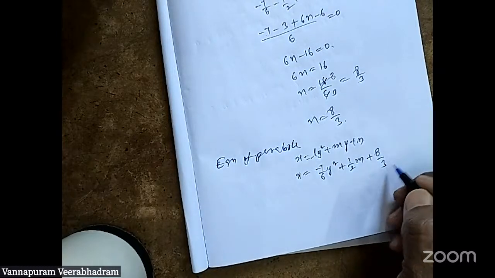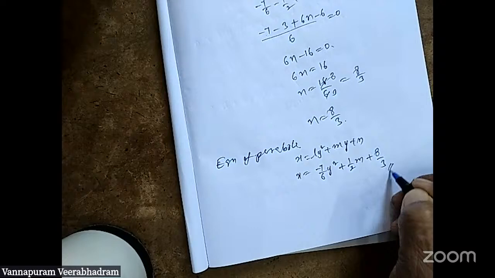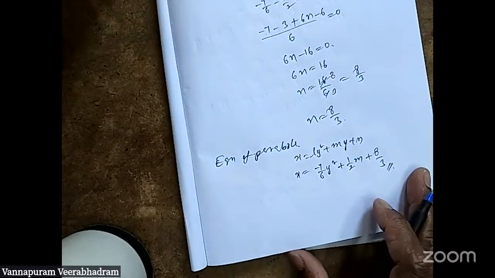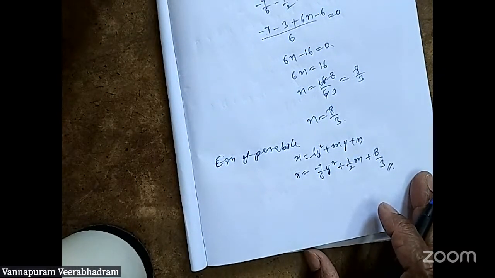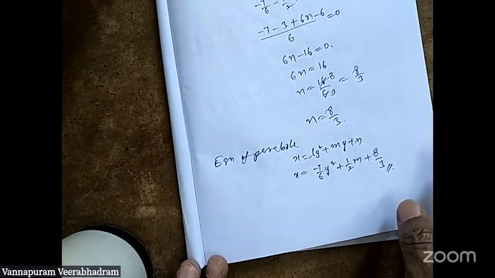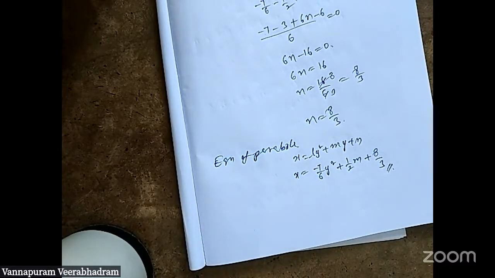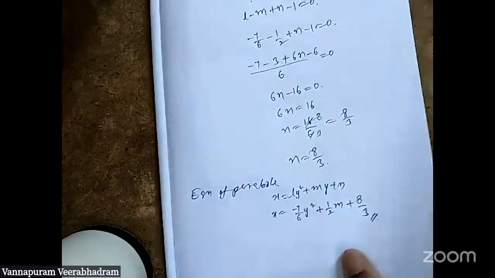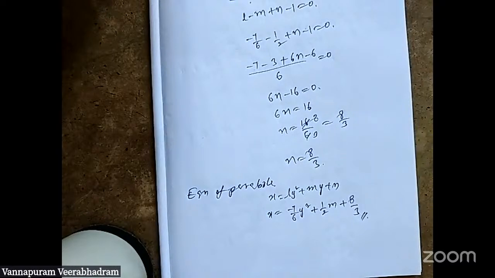So this is the equation of the required parabola. Similarly, we can find the equation of a parabola passing through 3 points whose axis is parallel to the y axis.